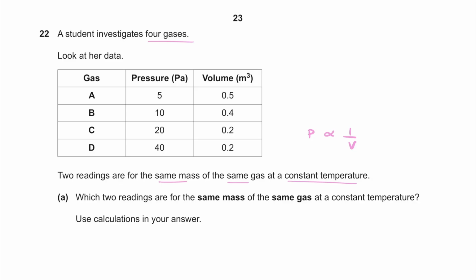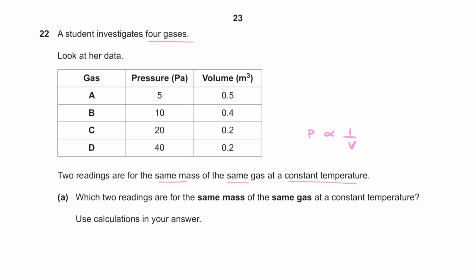So we have to see when does pressure increase versus when does pressure decrease. When the pressure is doubling, the volume is not changing, so it cannot be C and D. So let's think about A and B.